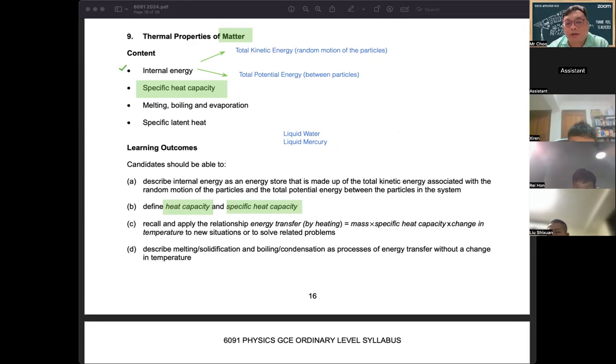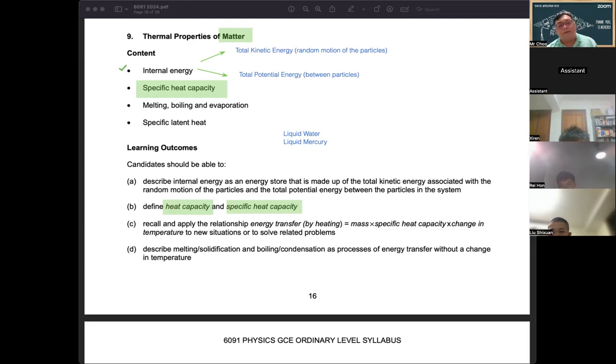You say 10. Very good. Remember to put down the unit, 10 liters. When you have more particles, you are able to store more energy, and therefore it will require more thermal energy to raise its temperature. Clear about that?